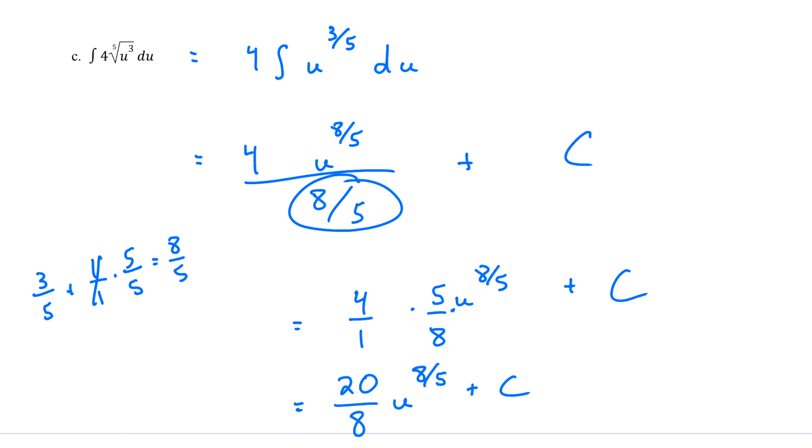They're both divisible by 2, and actually, I can go even further. These are both divisible by 4, so let's just divide them both by 4 so that we can do all of our simplifying in one step. 20 divided by 4 would give me 5. 8 divided by 4 would give me 2. I have 5/2 times u to the 8/5 power plus c.